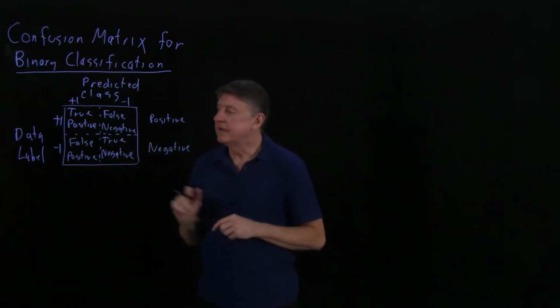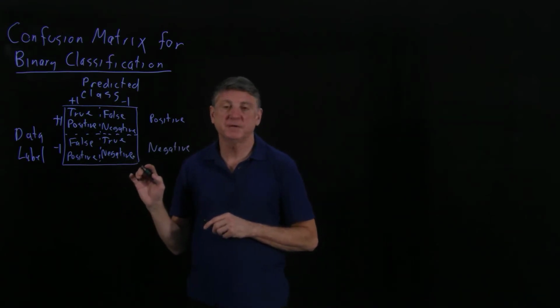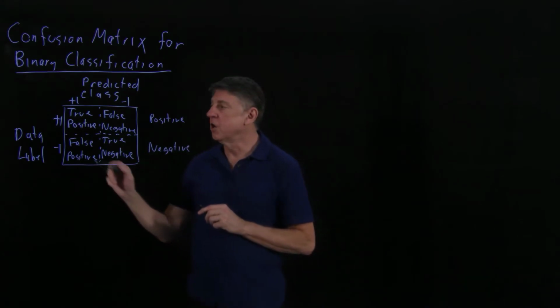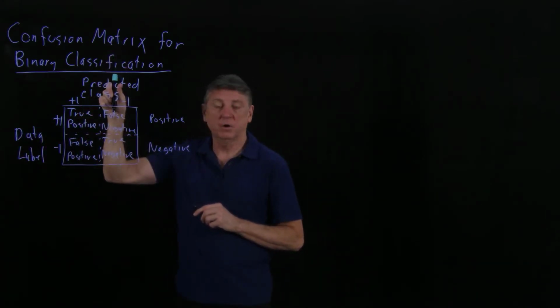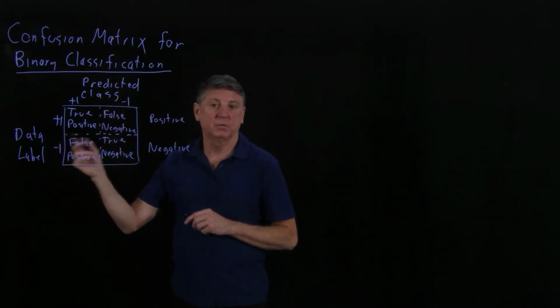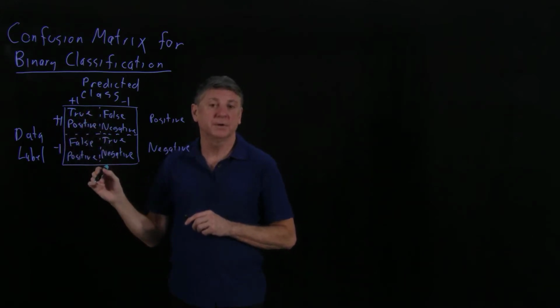Now, an important point about a contingency table or confusion matrix is that there are no settled conventions on whether the labels are the rows or the labels are the columns, on whether the class are the columns or the class are rows, whether +1 appears first or -1 appears first.